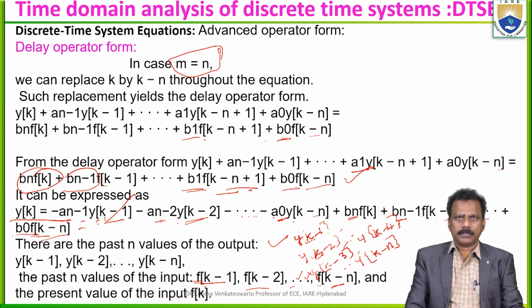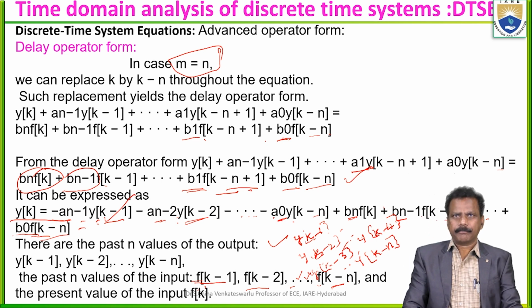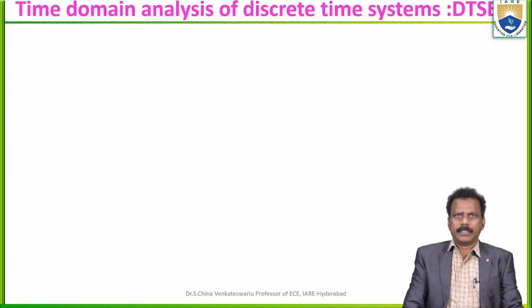Because we are following this delay operator form, if m is equal to n, we can replace k by k minus n throughout the mathematical equations. Within this, the first n values of the output and the first n values of the input will appear. The present value of the input is f of k. This is the time domain analysis of discrete time system.